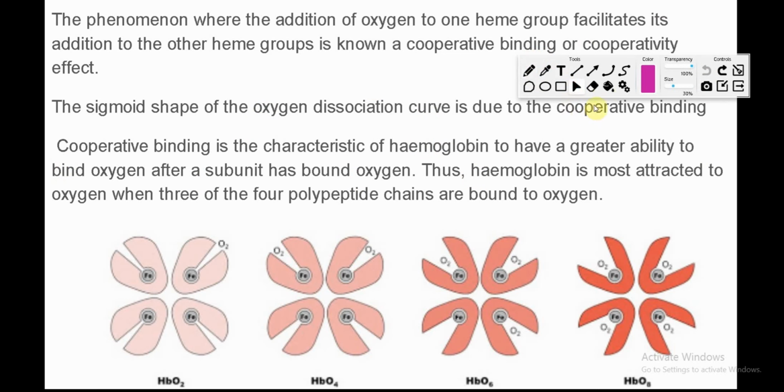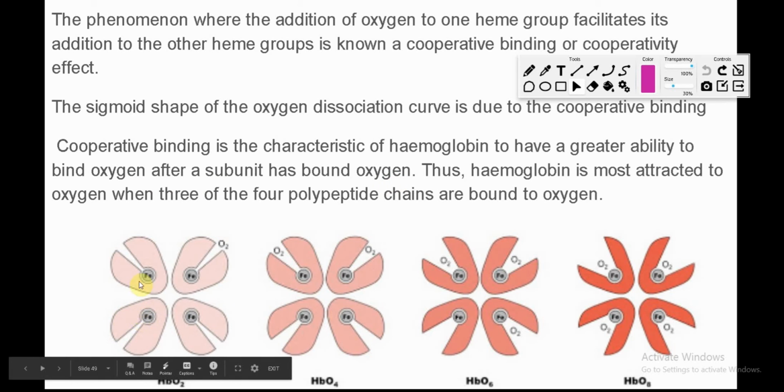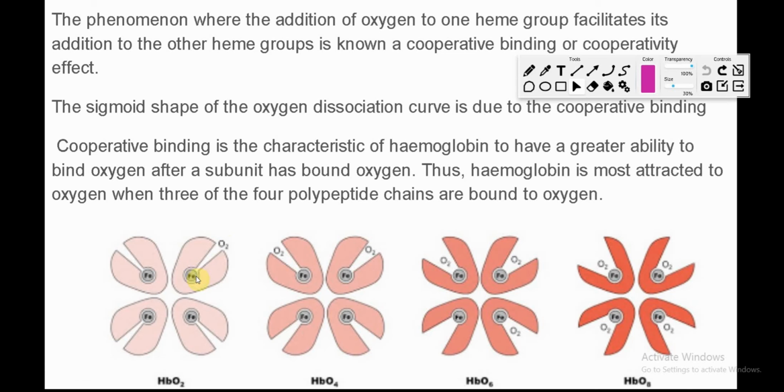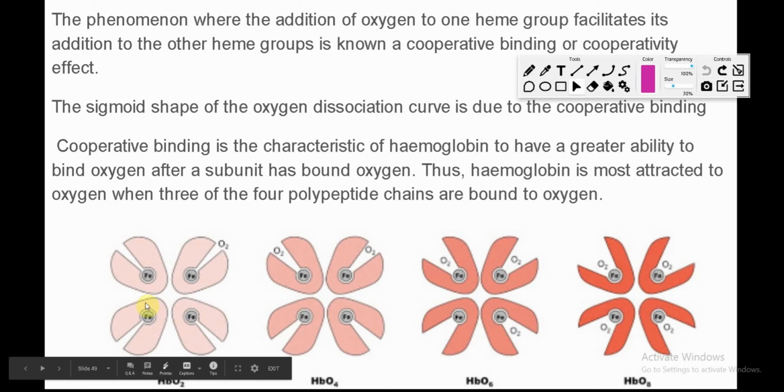Now, cooperative binding is actually the characteristic of hemoglobin to have a greater ability to bind oxygen after a subunit has bound oxygen. We know that in hemoglobin there are 4 heme groups, and each heme group can take up an oxygen molecule. When the first heme group takes up an oxygen, it is very difficult, but once it takes up the oxygen, there will be some conformational changes in the other heme groups.